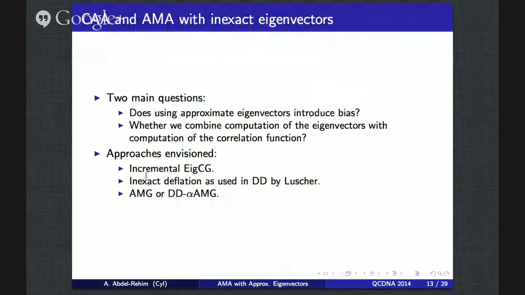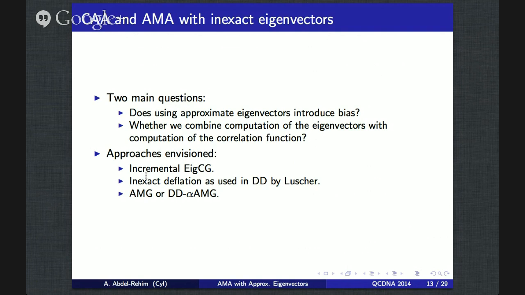The question that we were interested in is, can we achieve this gain in error reduction also using approximate eigenvectors, not the exact ones that were used here? The two main questions are: does using approximate eigenvectors introduce any bias in the correlation function that you calculate?